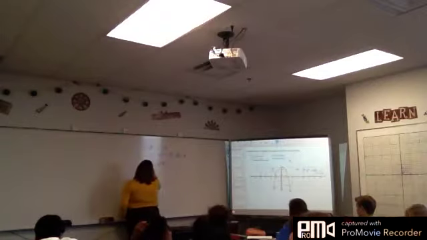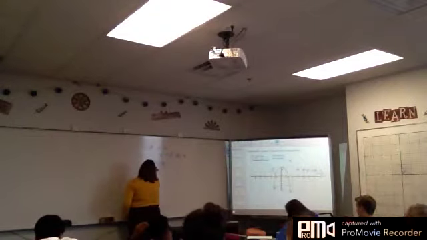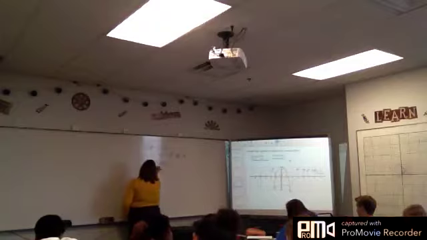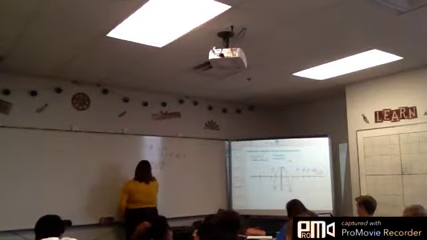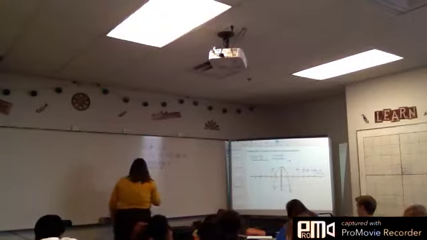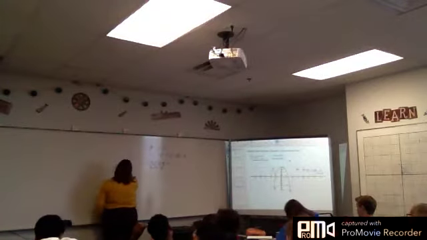Because this becomes 9 over 4, right? This becomes negative 9 over 2. And this becomes negative 4, yes? Okay. So yes, negative 25 fourths. So now I have to graph that, correct? So I have negative 1.5.